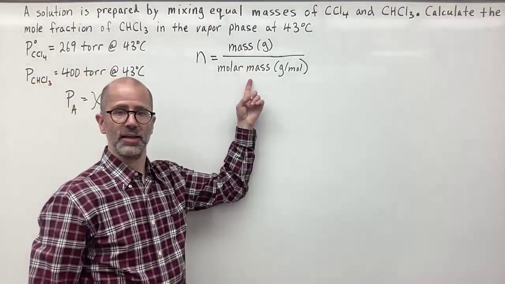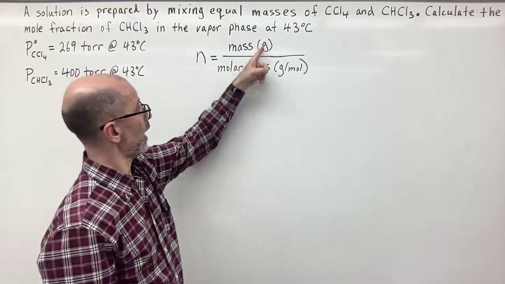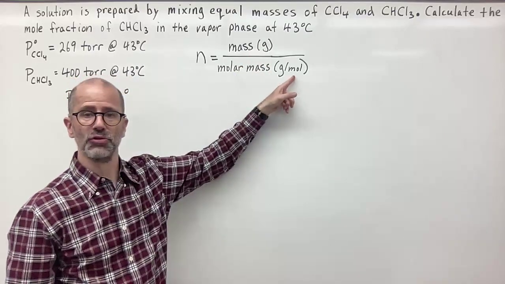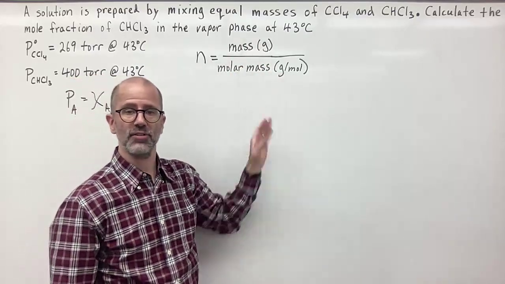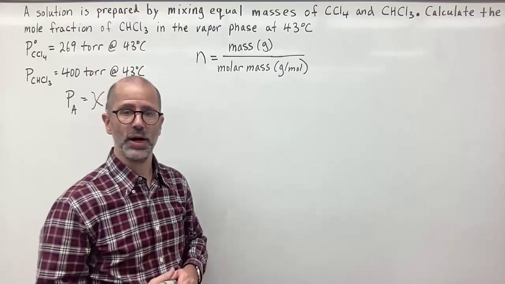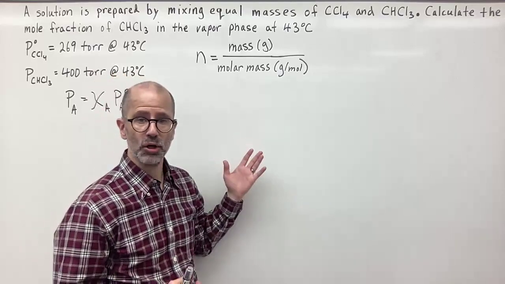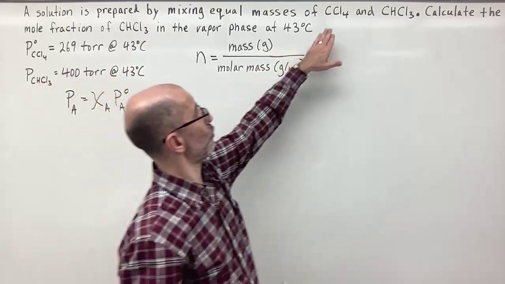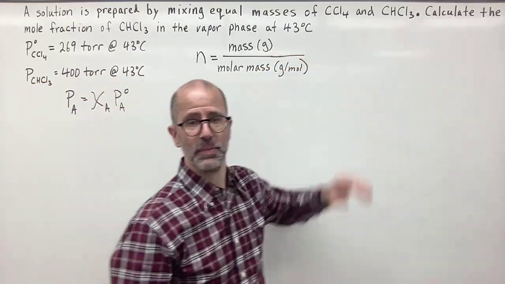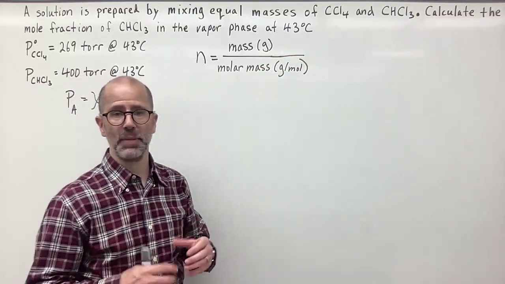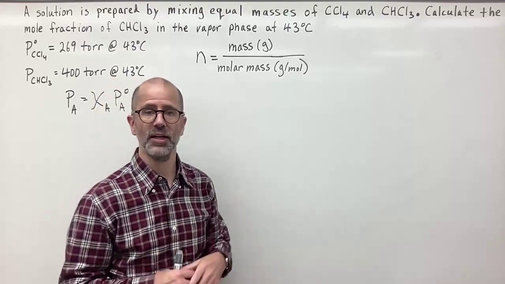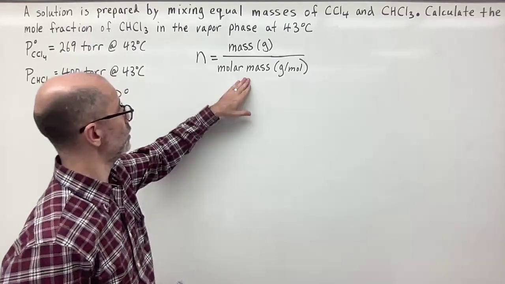When you divide these, grams cancel out and you end up with moles. We know the molar masses because we know the formulas. We can get them by adding up the atomic masses of all the atoms in the formula.